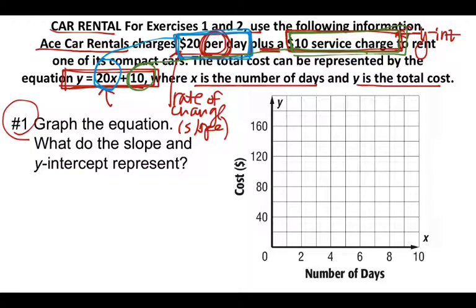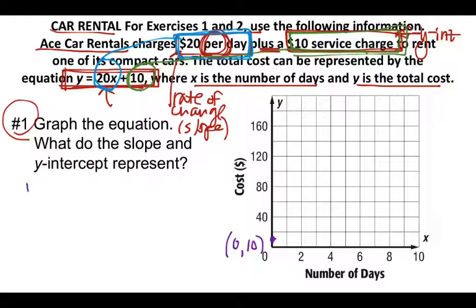There's our y-intercept. So on my graph, before I do anything, at 0 days, I'm looking at a $10 fee. You'll see my purple point there. At 0 days, it's $10. So walking in that door, getting ready to rent a car, I'm paying these people $10, no matter how many days I take this car.